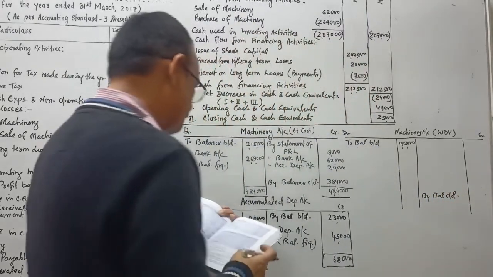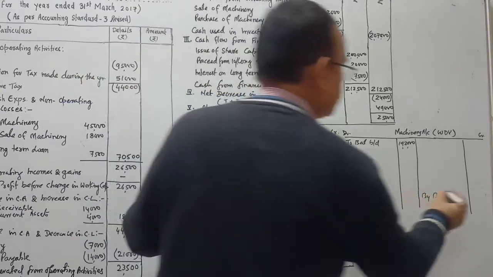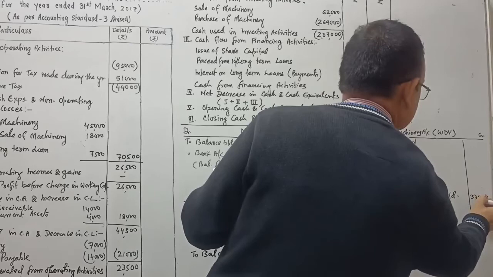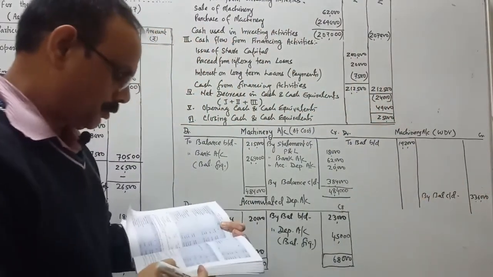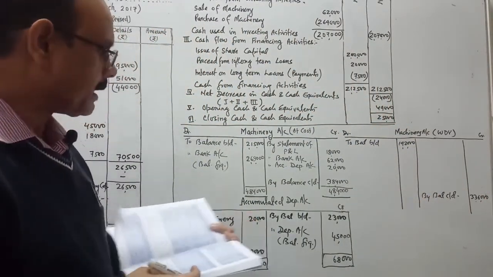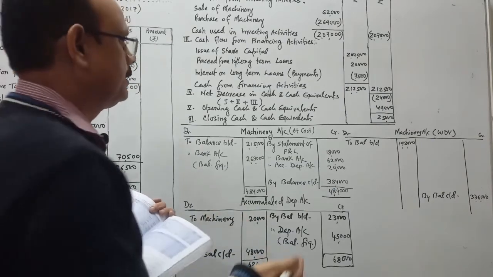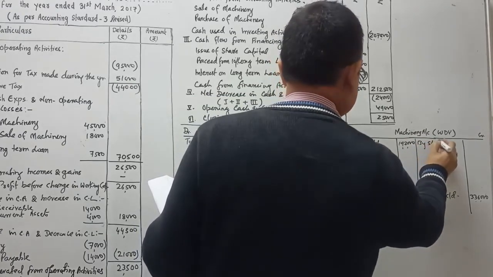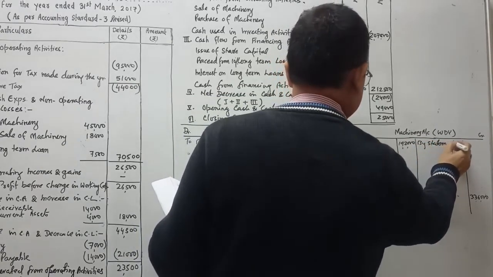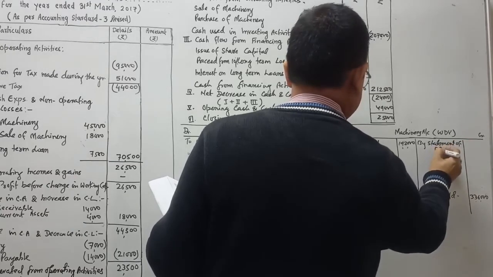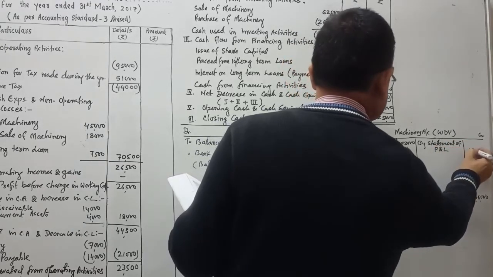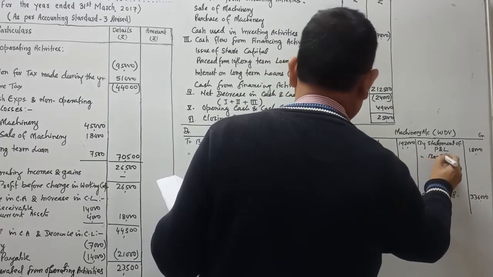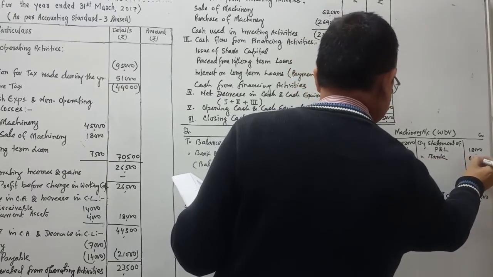I am going to take the closing figure. 3,36,000 is the closing figure. So here we will write the depreciation. When we have sold it, by statement of profit and loss is 18,000, by bank account 62,000.